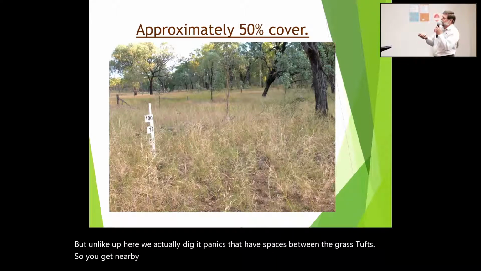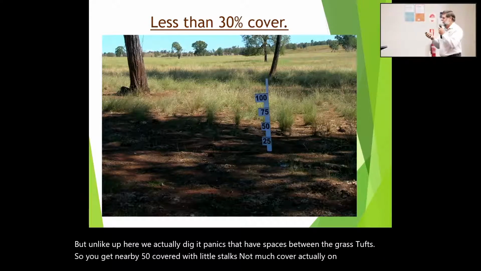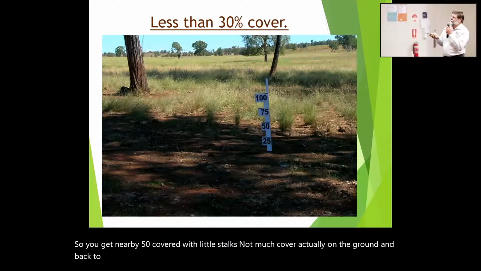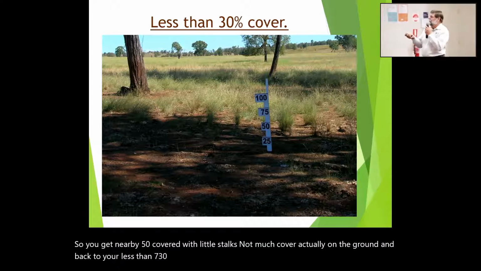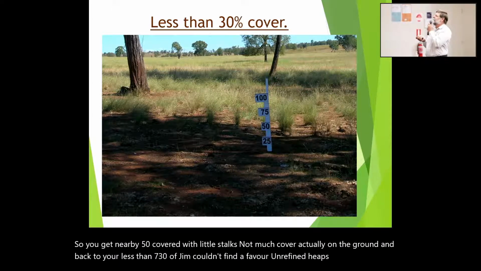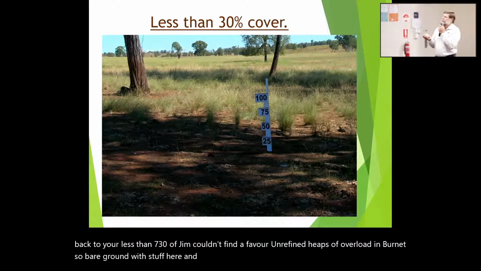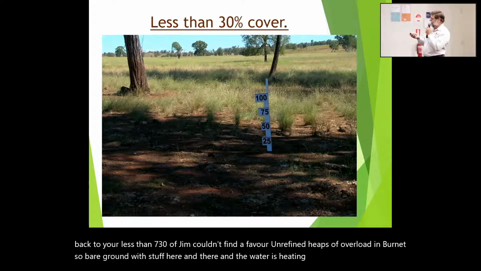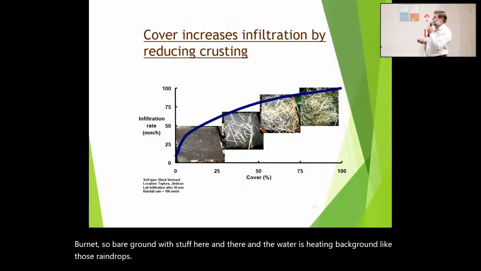There's a lot of stalks and not much cover actually on the ground. And then back to your less than 30% that Jim couldn't find a photo of. We find heaps of photos of those down in the Burnett. So, bare ground with tufts here and there, and the water's hitting bare ground like those raindrop splashes that Jeff was talking about. So that gives you a rough idea of what those covers look like.